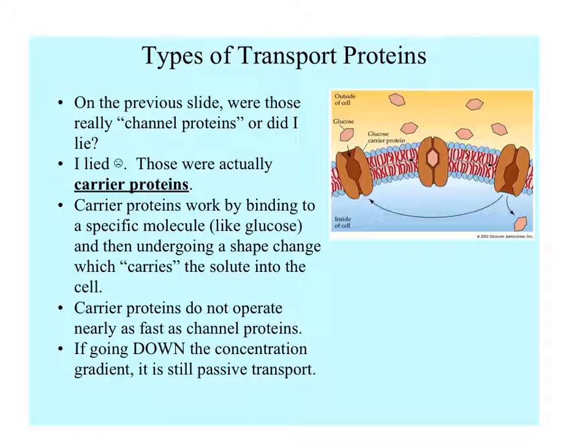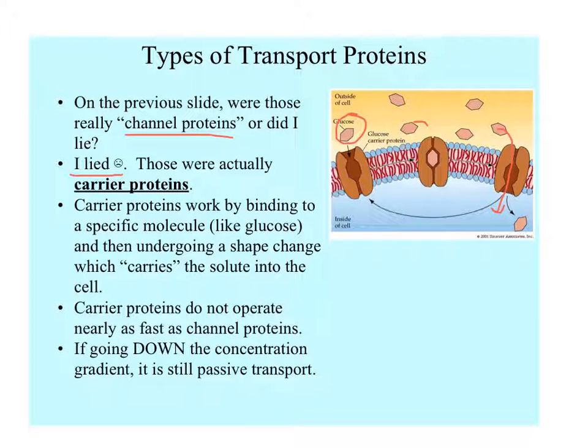All right, so now back to types of transport proteins. On the previous slide, it said it was a channel protein that allowed glucose to come in. I didn't lie, but the picture lied. Those were actually carrier proteins. Now you're going to need to know the difference. Honors, you will. Regular bios, don't worry about it. Carrier proteins allow one glucose molecule to come in at a time. So it's not like all the glucose can just rush through the door all at once.